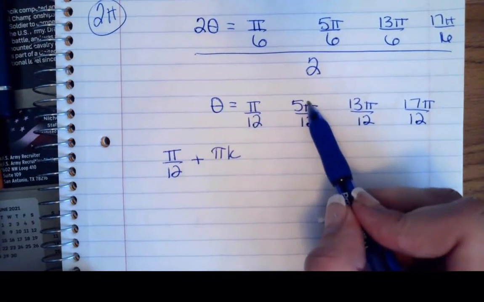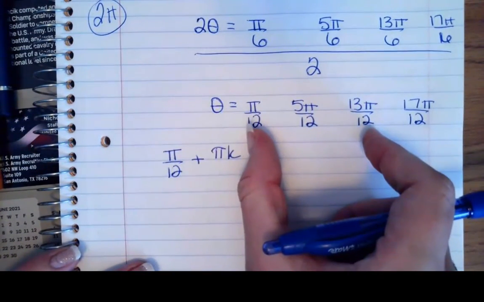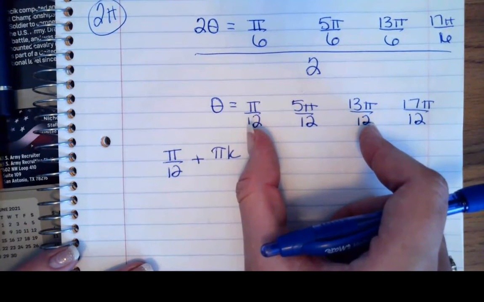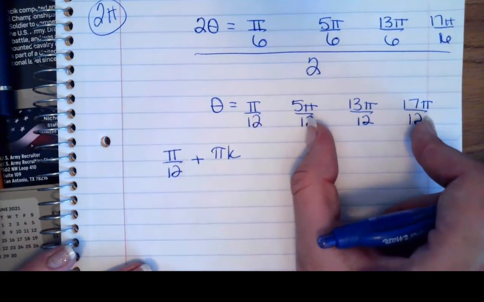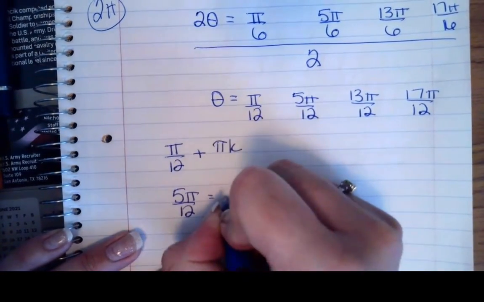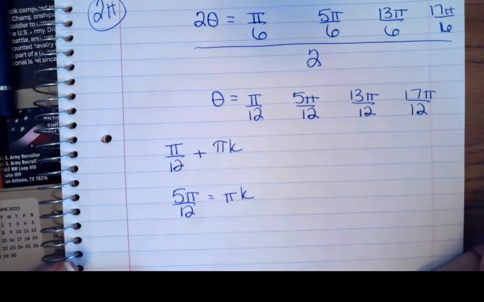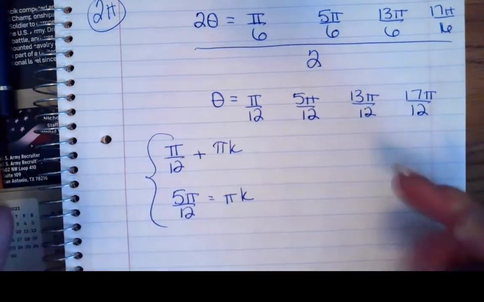How did I get from here to here? You're looking for a pattern. Well, I added 12 pi's over 12, which is 1 pi to this one. What did I add to this one? I added 12 pi's over 12. So from 5 pi over 12, I added integer multiples again. So these are your general representations.